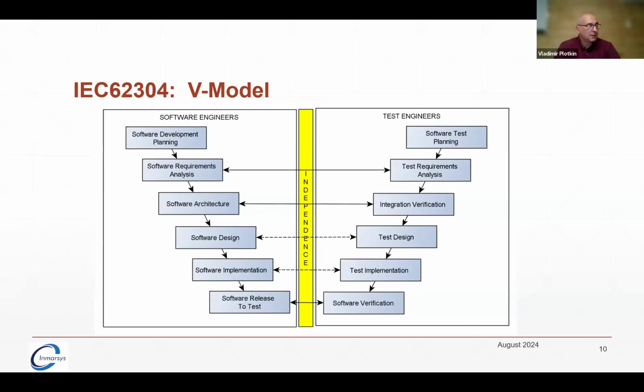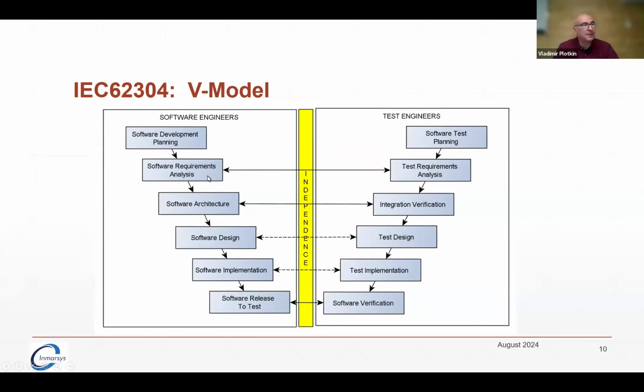If you look at the V, it's very much waterfall-like. We have software development planning, requirement analysis, architecture, design, implementation, and release to test. And you have the same thing on the software test side: planning the test activities and analyzing the requirements, which means testers are always involved in requirements analysis at any moment.